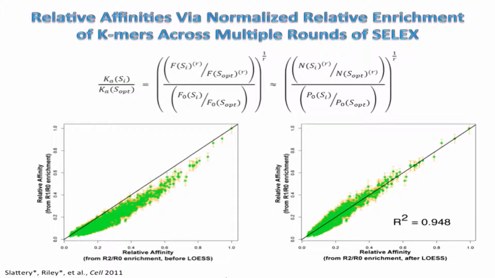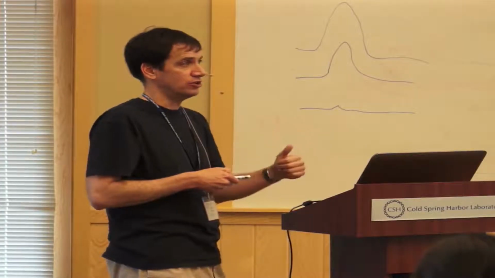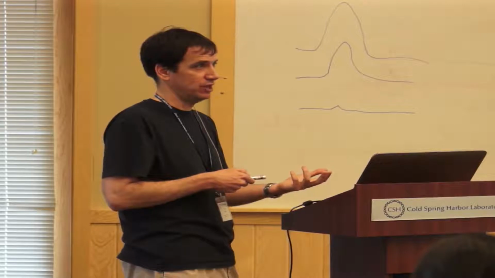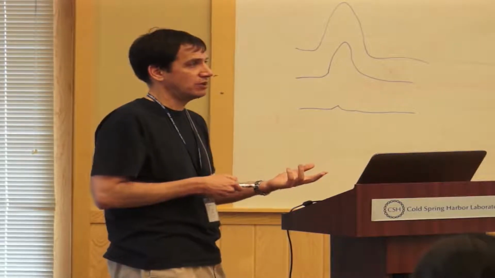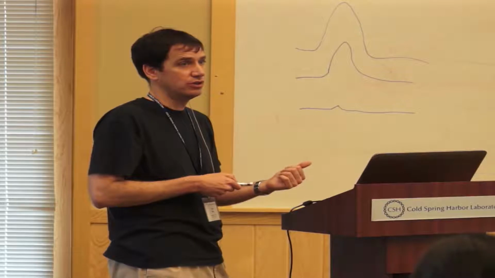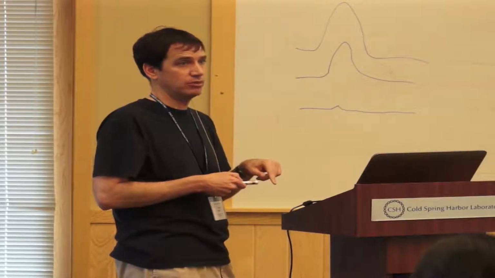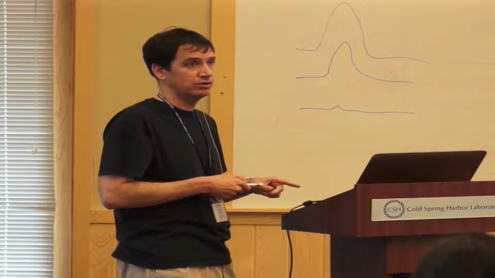And we do that by doing this lowess regression. What we want to achieve is this: we know that the R1 data is the most accurate because it has the least amount of saturation bias. However, the R1 counts are the lowest. You have very low counts, and we know, because Harmer talked about before, that the standard error of these counts scales as 1 over square root of n, where n is the number of counts for any one of the DNA oligos.